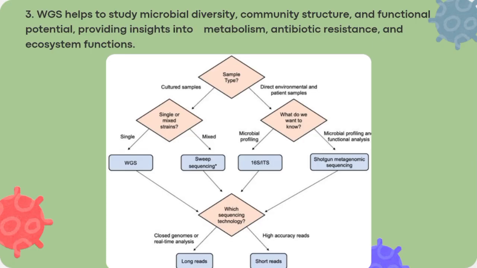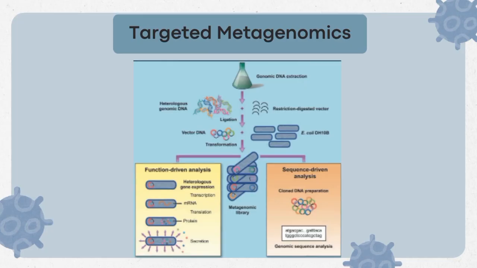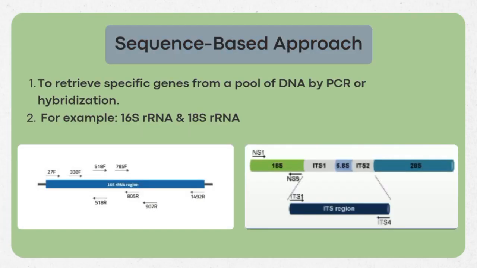ecosystem functions. Targeted metagenomics has two parts. Number 1. Sequence-based approach, and Number 2. Functional-based analysis. Now, let's know more about them. Sequence-based approach: to retrieve specific genes from a pool of DNA by PCR or hybridization.